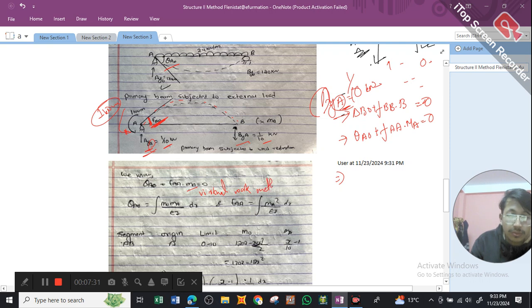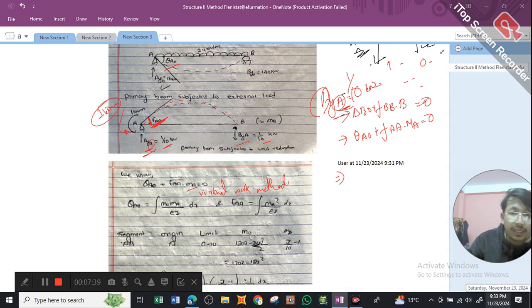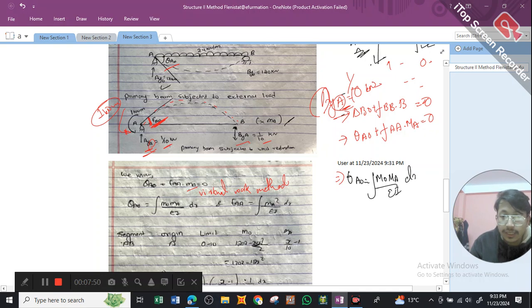So this is from our virtual work method. We have these formulas from the virtual work method, as I explained in my previous videos. We have theta A naught equals integral of M naught MA divided by EI dx, whereas f AA equals integral of MA squared divided by EI dx.